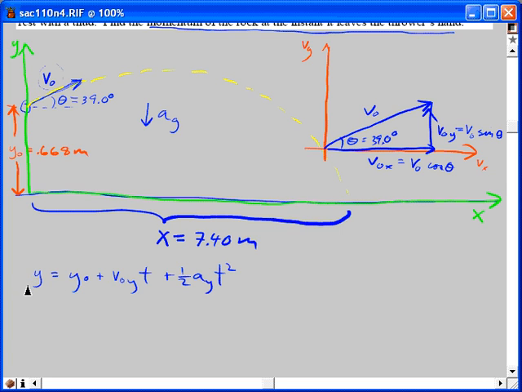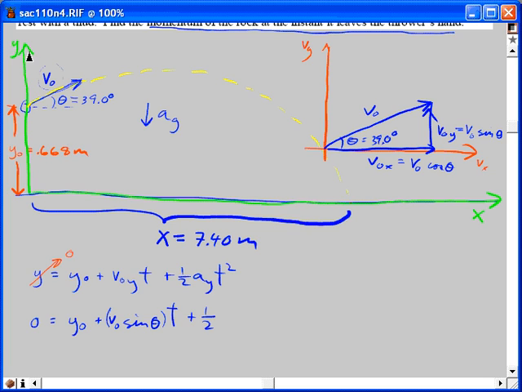Let's see, can I cross anything out? Yeah. We're looking for the special time t at which the elevation becomes 0. So this t, since I'm making this 0, represents the time at which the object lands. So I'll have 0 equals y0, that's what I call it right here on the diagram, plus v0y, we just found it as v0 sine theta, times t, and then plus 1/2 a sub y.